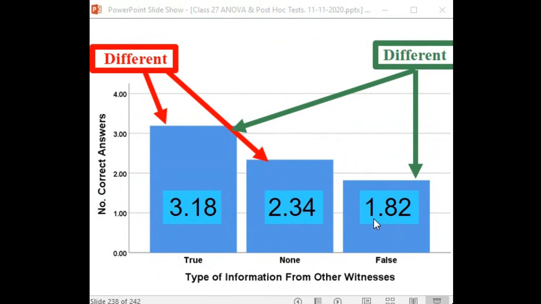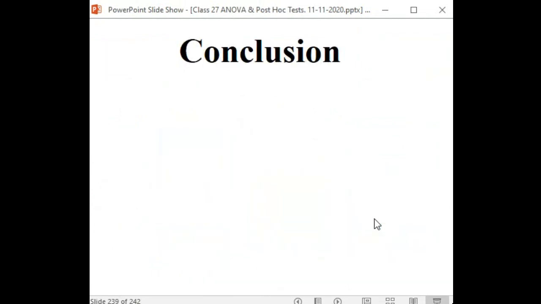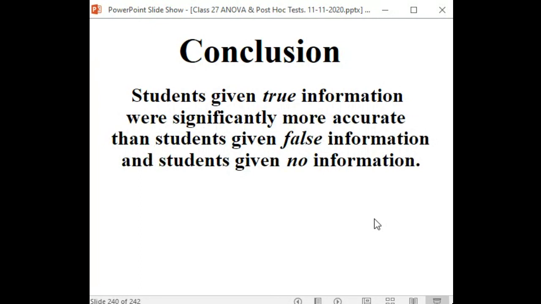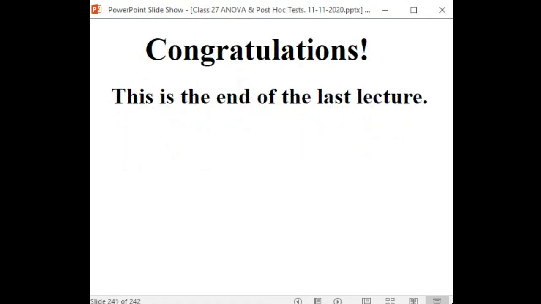So what's our conclusion? Our conclusion is that students given true information were significantly more accurate than students given false information and students given no information. Okay, so that concludes our example of how to interpret the results of an ANOVA with post-hoc tests.